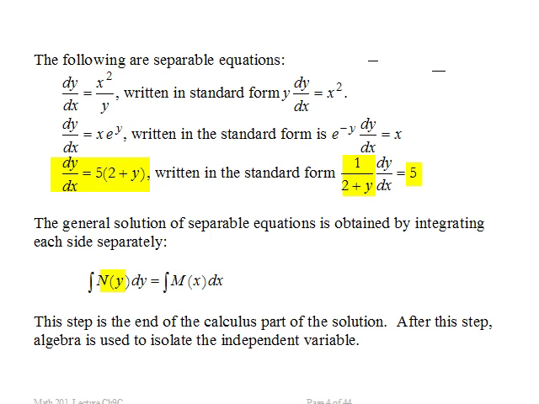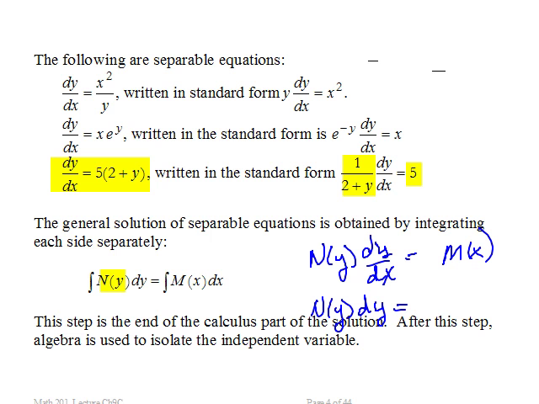And I'm going to write again what we started with, and that was some function n of y multiplying the derivative dy by dx equals some function m of x. Okay, we can rearrange. So I have n of y dy equals m of x dx. Then we're going to integrate both sides.